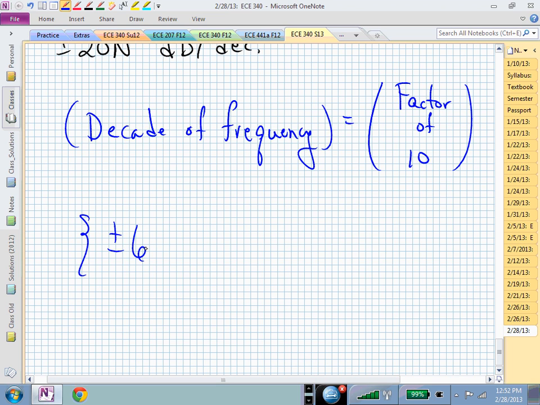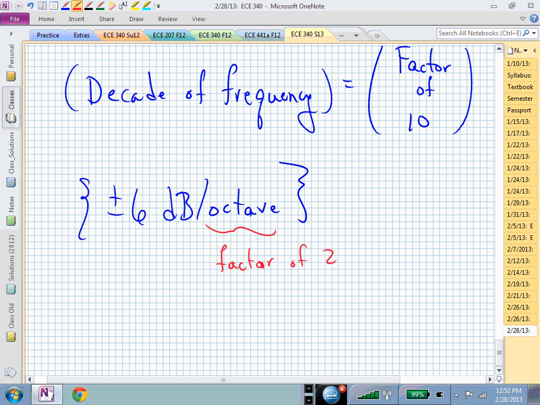Meaning we can now talk about 6 dB per octave, where the octave represents a factor of 2 in frequency change.